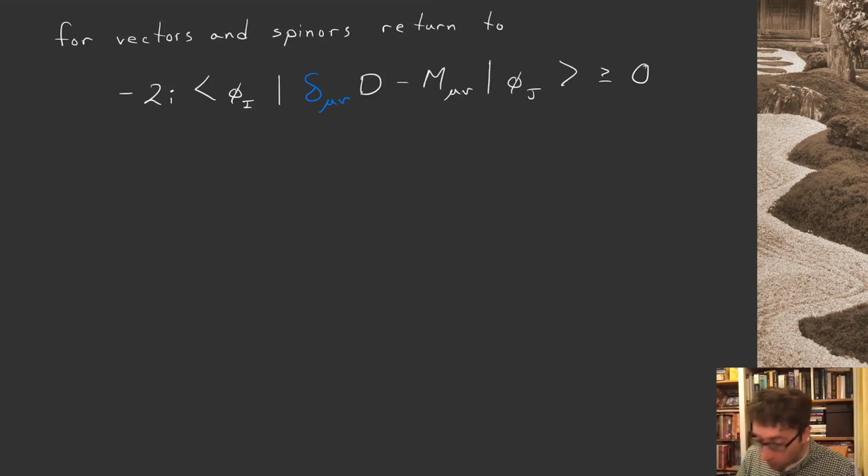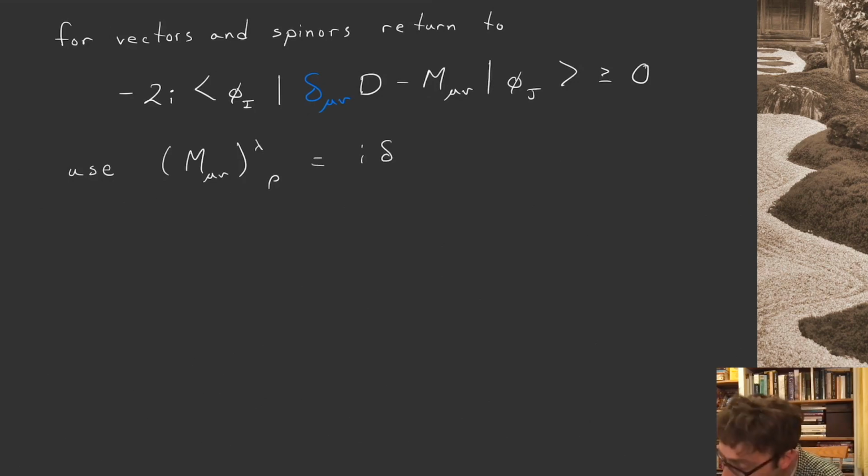Good. So we'll start with this, and then we're going to use the explicit form for the Lorentz generators that we had from the lectures in the first week. It was another exercise, we wrote down the Lorentz generators for vectors. So they're going to have these vector matrix indices, i delta mu rho, delta lambda nu, minus i delta lambda mu, delta nu rho.